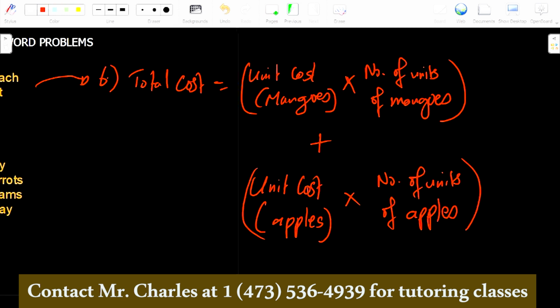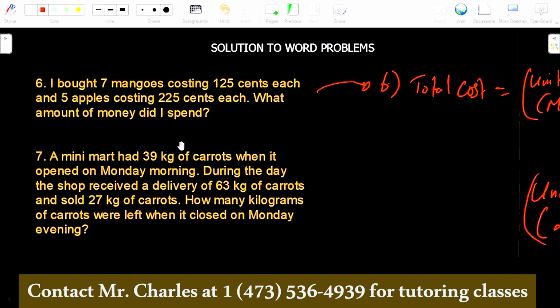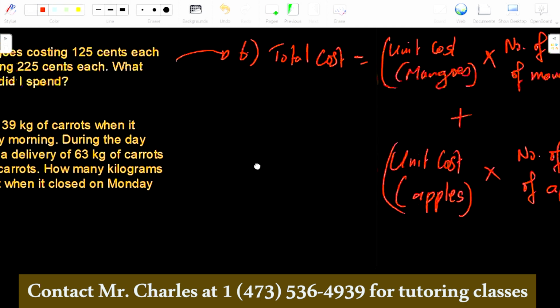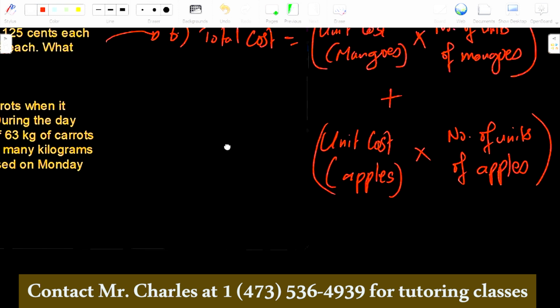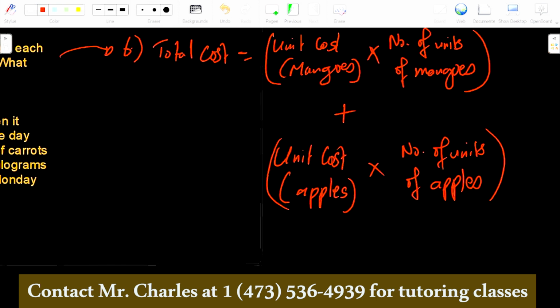So then the unit cost for mangoes would be 125 cents, and you bought 7 mangoes, so that's 125 cents times 7.